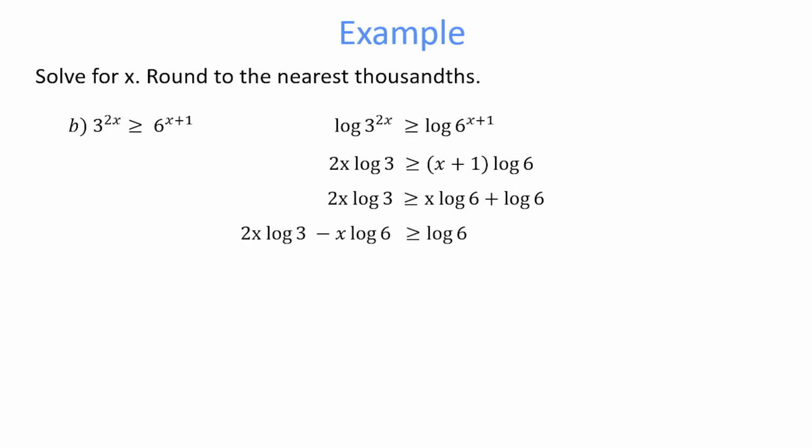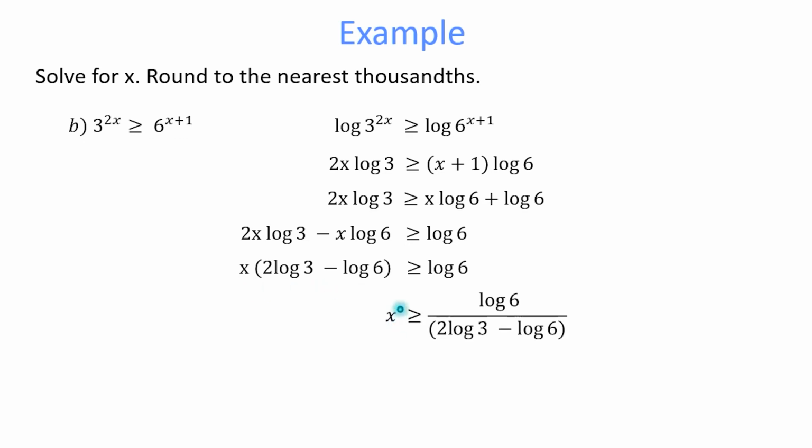Here we go. And now I notice that I have x in both terms. That's the common factor of these two terms. So I will factor the left-hand side. Here we go. Now it is very simple. We need to divide both sides by this expression in the bracket.